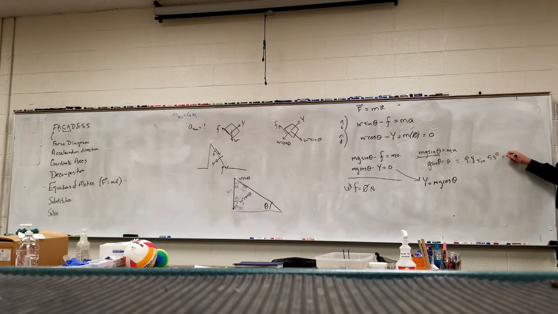I think you're in radians. 7.826. 9.8 times the sine of 53 degrees is 7.8. I apologize, I know where my mistake was. 7.83. No, 7.8 meters per second squared.